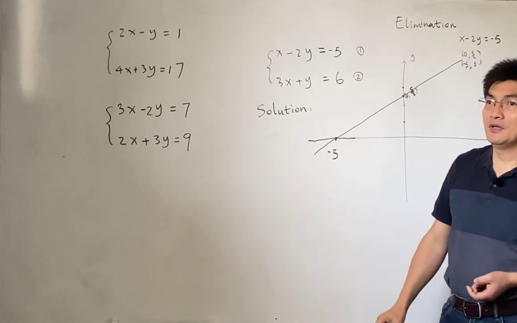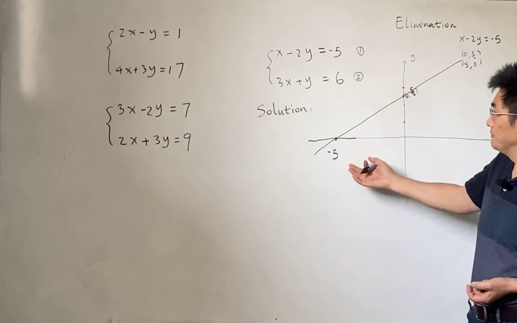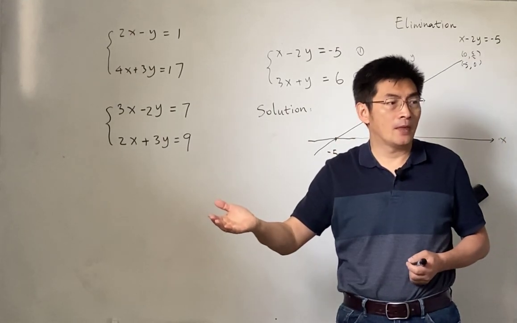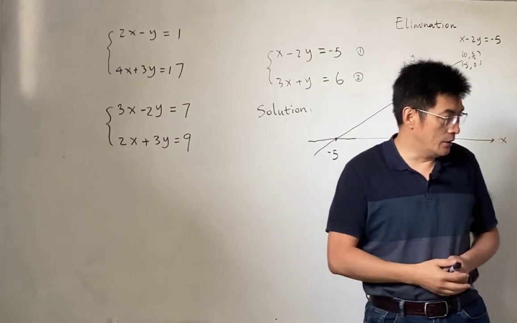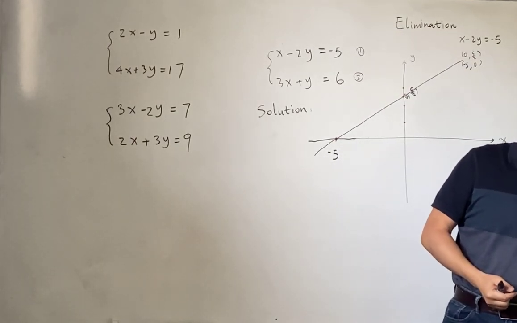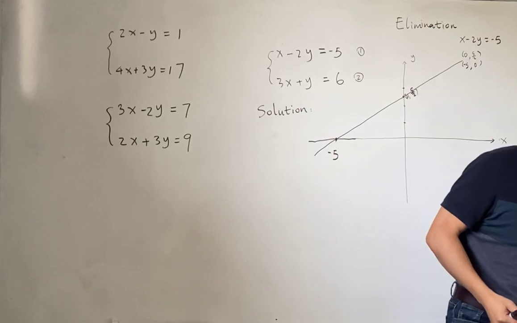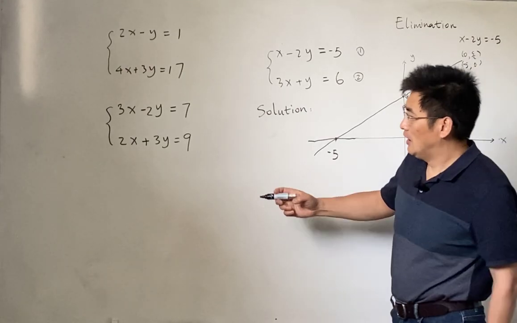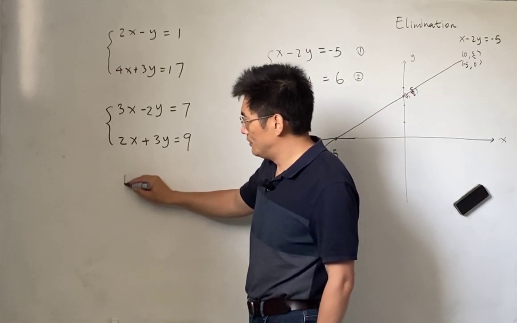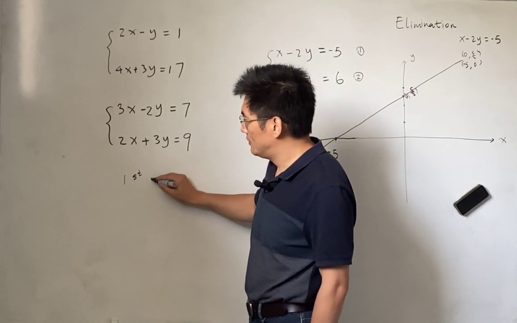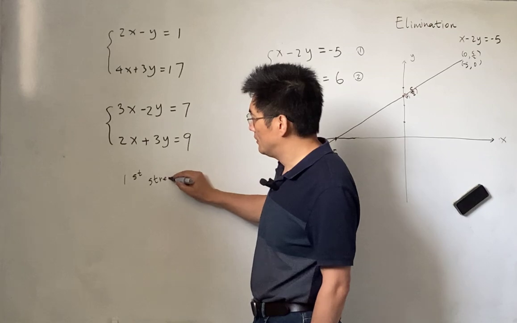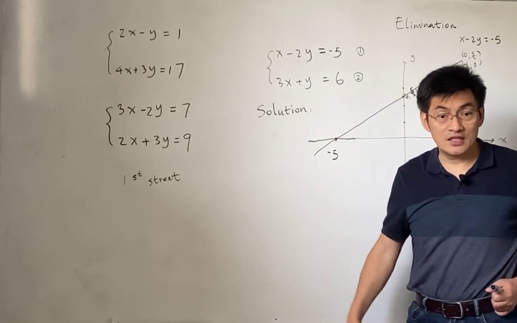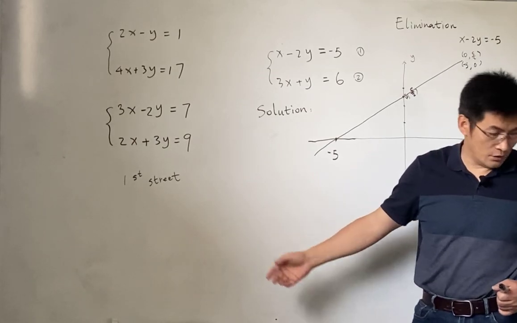And if you only have one line, let's say you go to a city and you tell somebody, oh, I want to meet you, right? And the guy says, well, where are we going to meet? And you say, well, how about First Street? Well, if that's a straight street, then you can see that as a line, right? So it doesn't make sense.